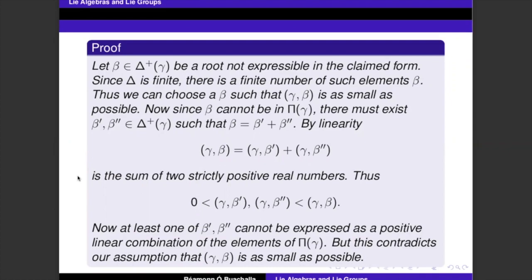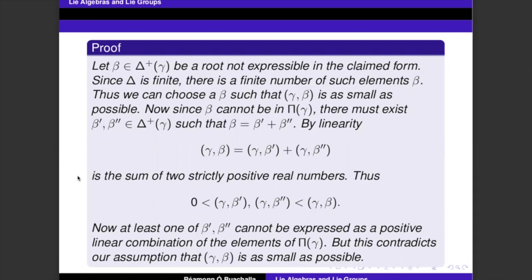Again, what we're doing is assuming that the thing we don't want to exist exists, and then we're going to try to derive a contradiction. Now, since delta, a root system, is finite, there can only be a finite number of such elements. So this beta is some special type of root, and there can only be a finite number of special roots, obviously.